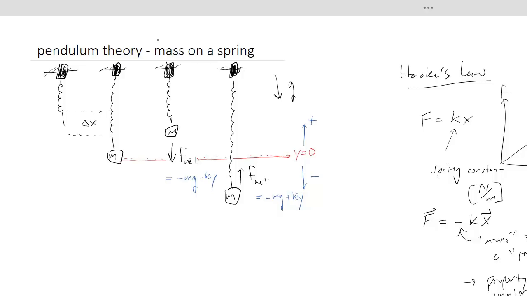The only net force is just the minus k times whatever displacement we're looking at. So the net force in the end is just minus k times whatever displacement that we have. And remember, y is arbitrary. It could be a function of time.